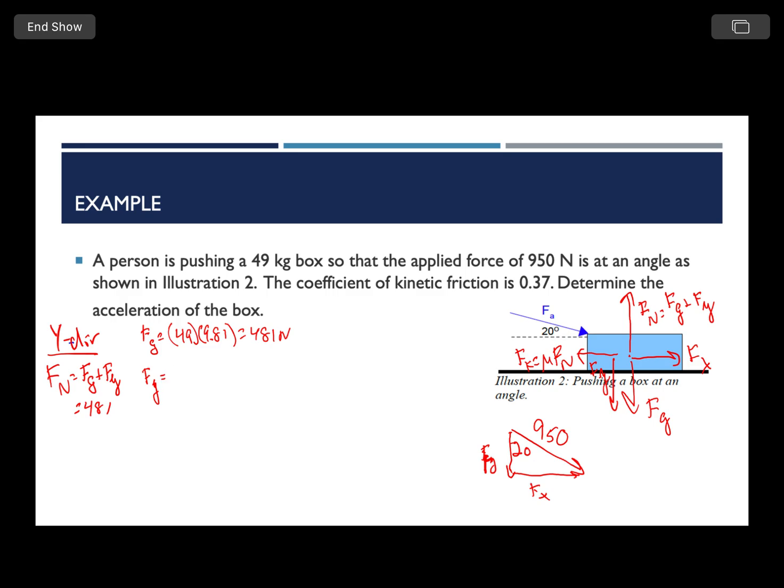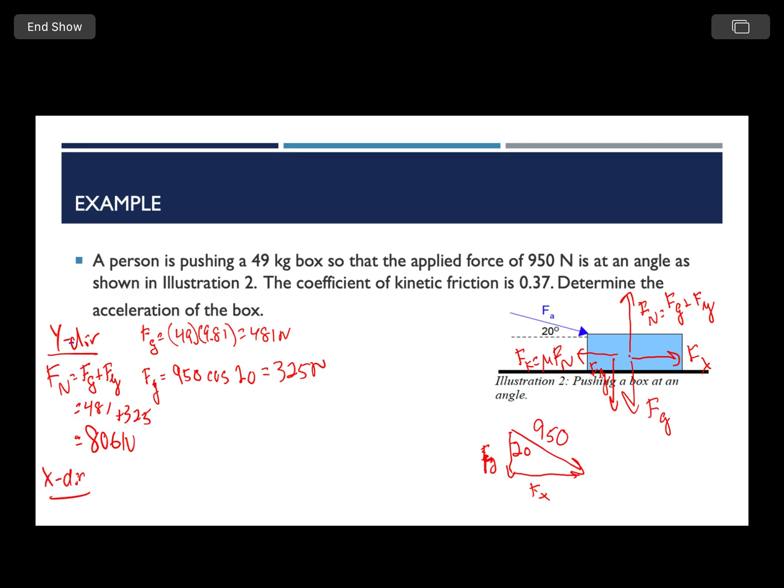So to rearrange, I'm going to go 950 times the cosine of 20. Okay. And that will get me, where is it here? 325 newtons. So my total normal force has got to be 806 newtons.